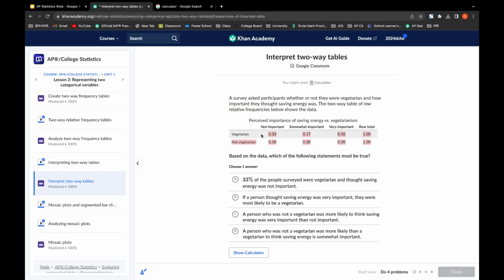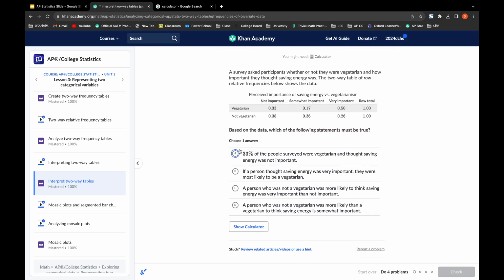Oh, so in this case, instead of the frequency or the number, they gave us the proportion of the samples. Based on the data, which of the following statements must be true? Okay, let's check the first one. 33% of people surveyed were vegetarian and thought saving energy was not important. So people surveyed were vegetarian.